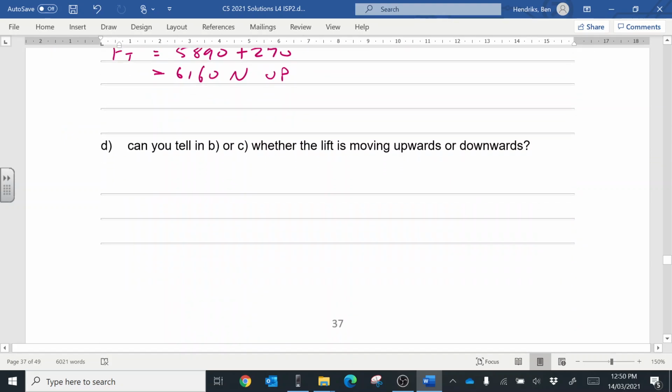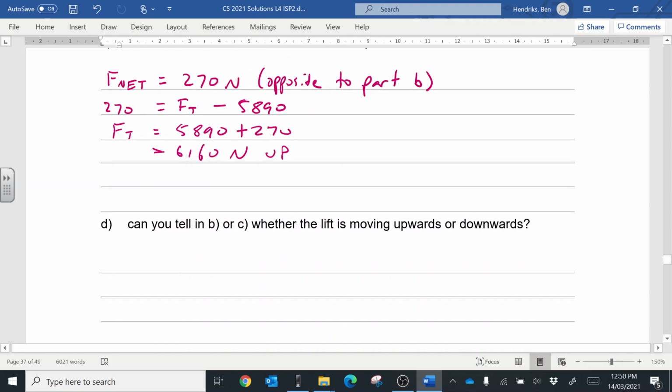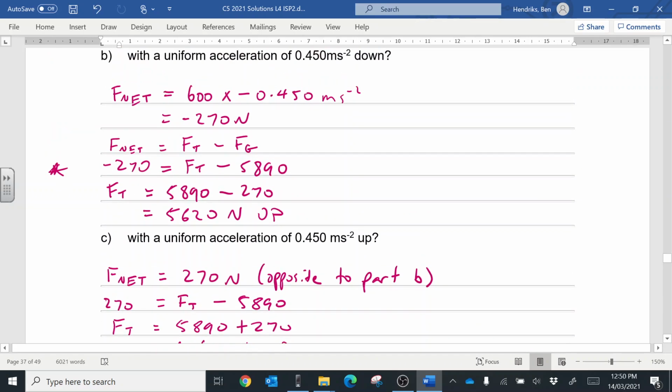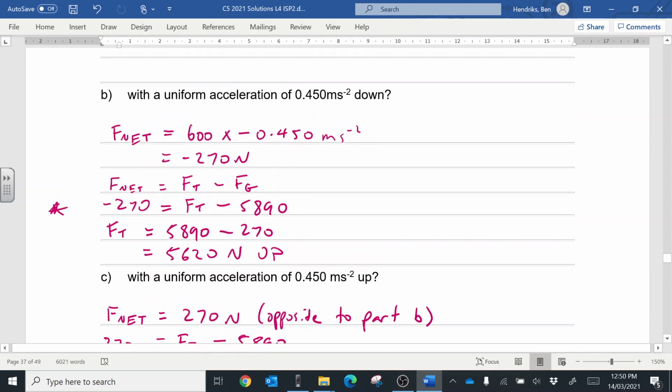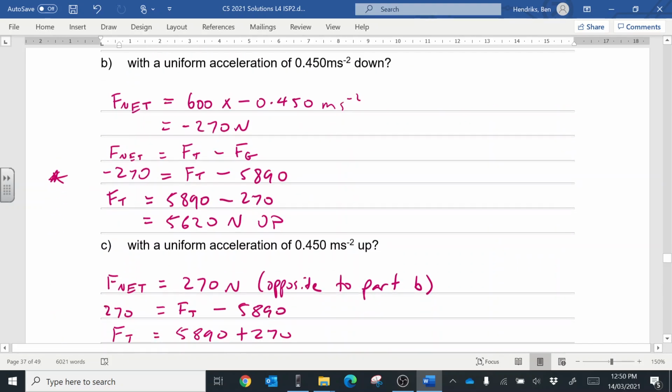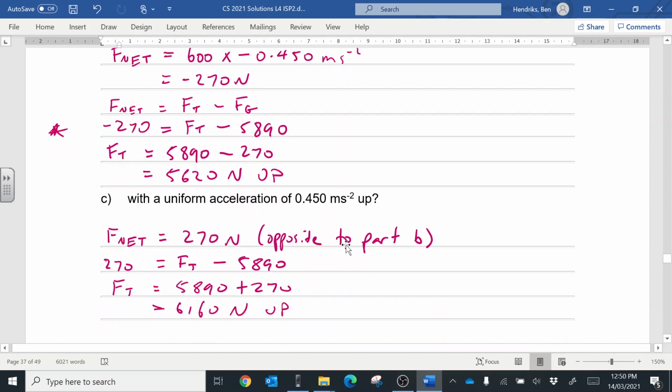Alright, in part D, can you tell in B or C whether the lift is moving upwards or downwards? Can we tell just from these ones whether it's moving upwards or downwards? We can't, can we? Okay. So all we can say is that it's accelerating.